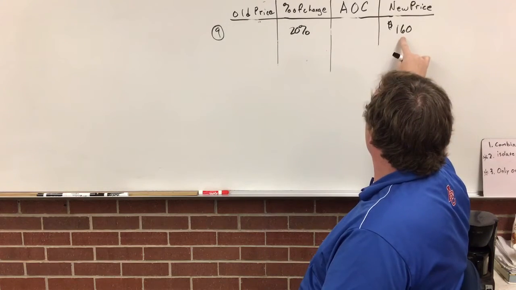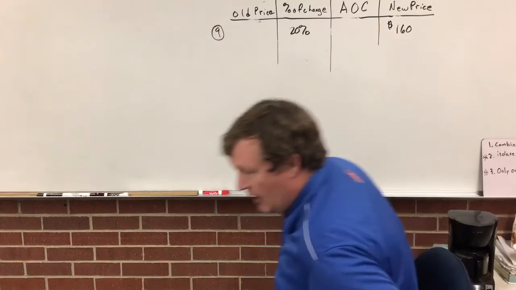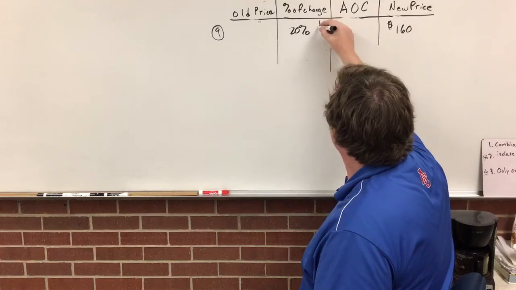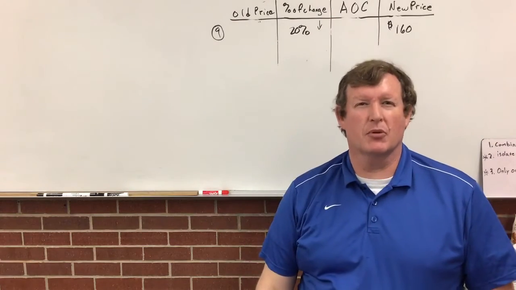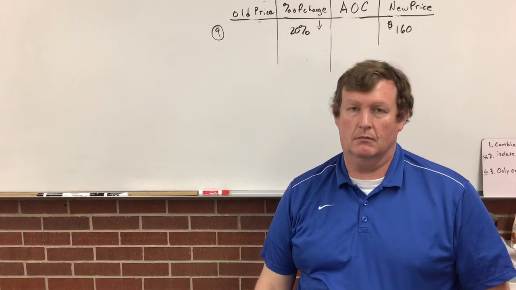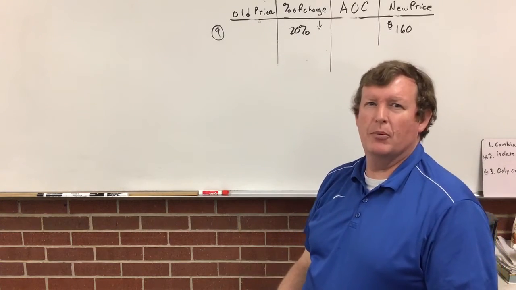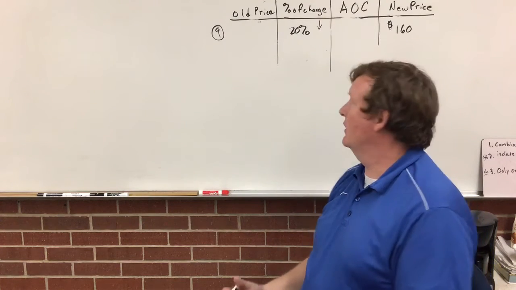So this new price is the price after we've taken 20% off. Okay? So in order to find out what the old price was, we have to actually do this.